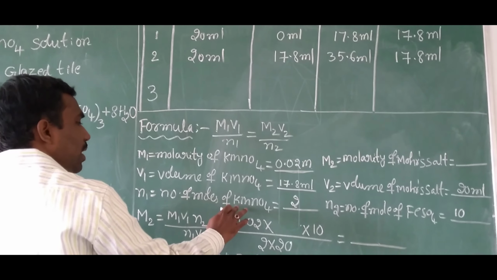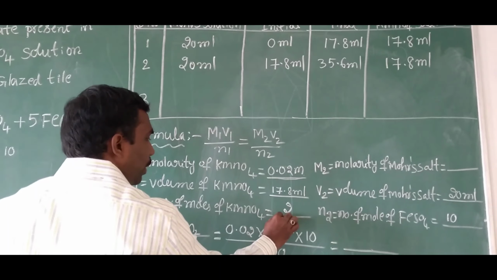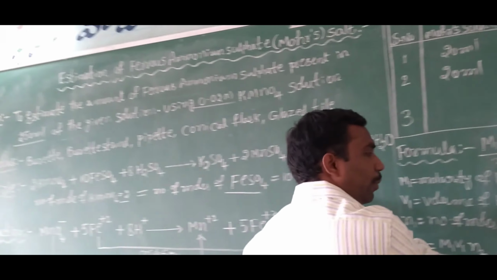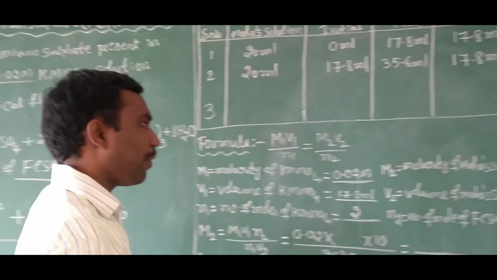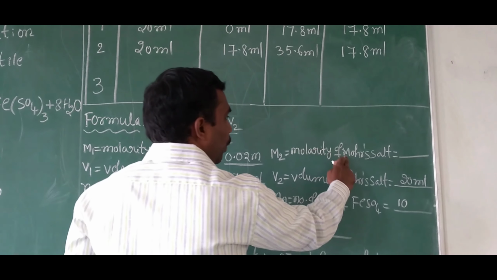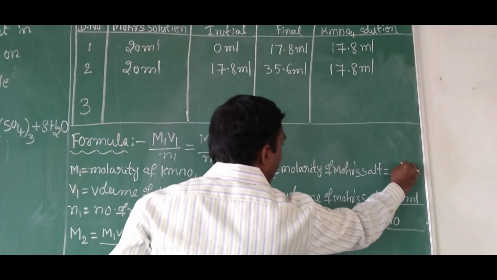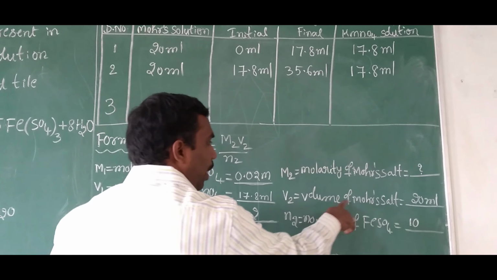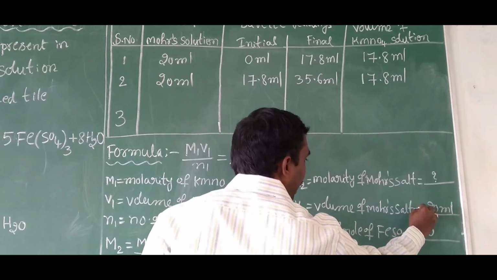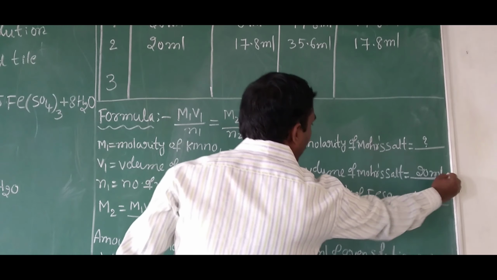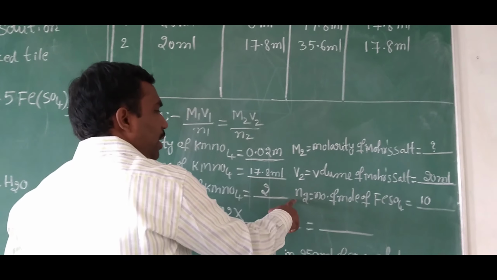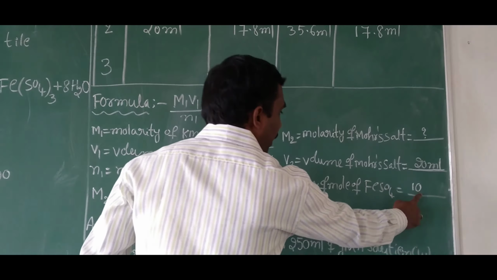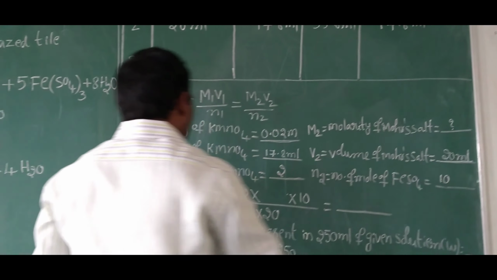N1 is the number of moles of KMnO4, which is equal to 2. It is obtained after balancing the chemical equation. M2 means molarity of Mohr's salt. We have to find this value. V2 means volume of Mohr's salt. We take it in a pipette, that is 20 ml. N2 means number of moles of ferrous sulfate, that is equal to 10.